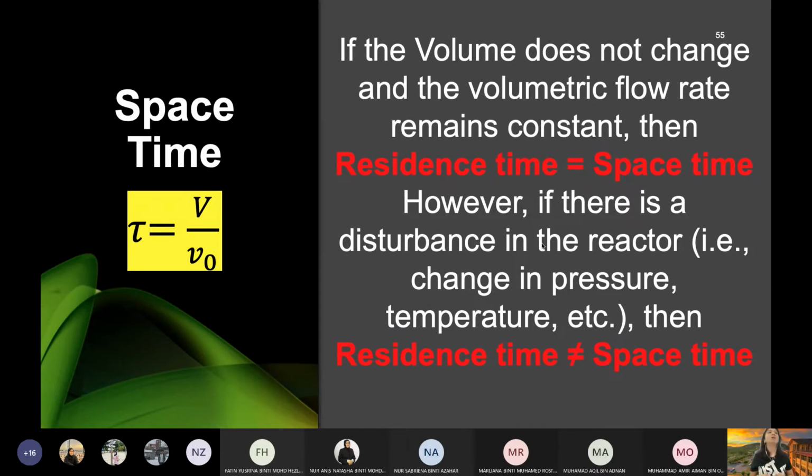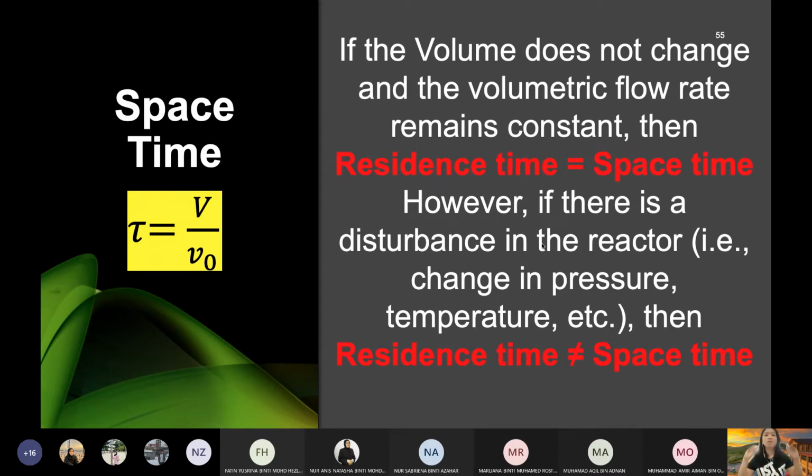But the problem is that the volumetric flow rate will fluctuate during the reaction. Next week you will see the flow rate reading, although you set it at, in our lab, 200 ml per minute. Say you set 200 ml per minute, but the reading will fluctuate: 205, 210, then drop to 197, 195, and so on.